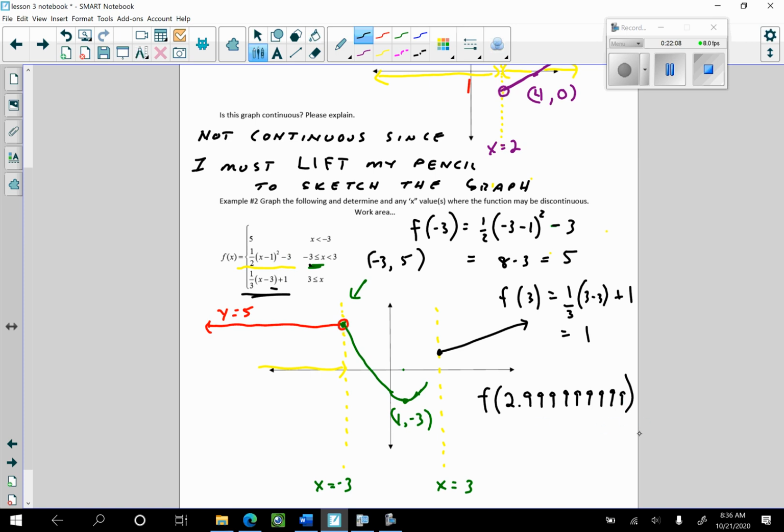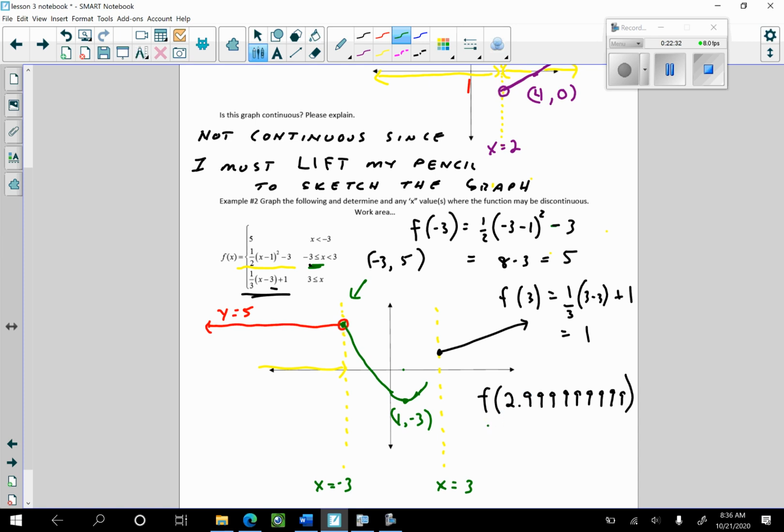But I'm not going to put that number in there. I'm just going to put 3 into that top thing. But not really. I'm going to put 2.999999999 in, but it's going to act like 3.